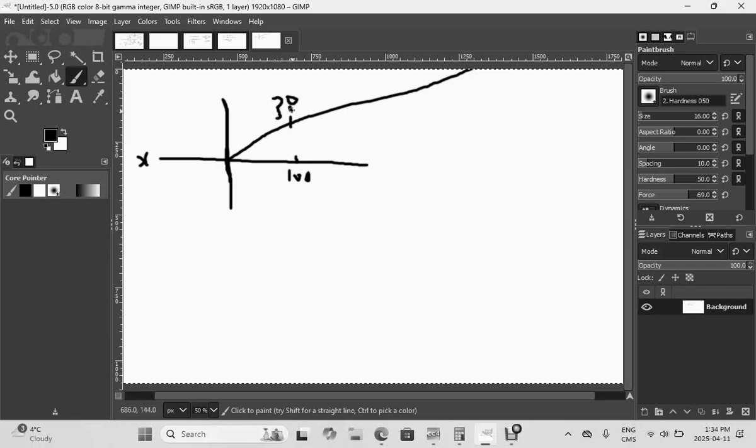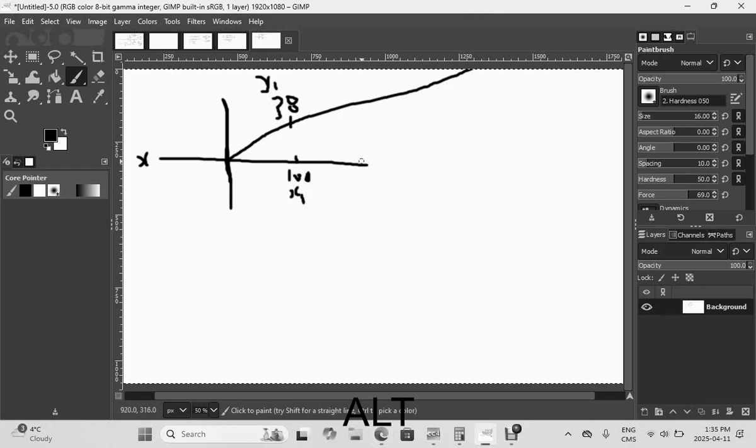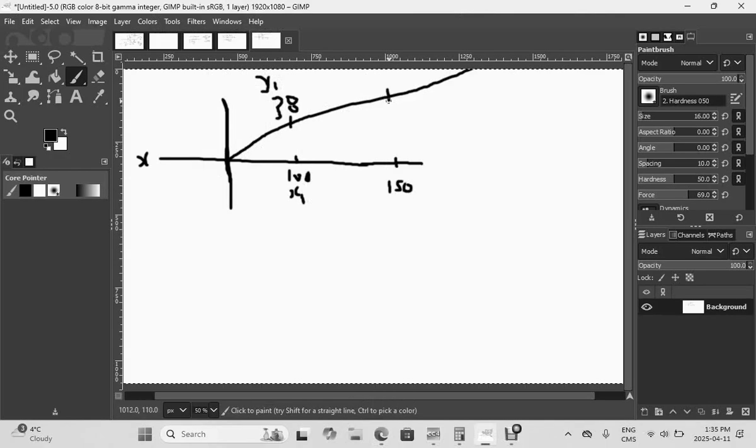This will be x1 and this will be y1. For 150 minutes of usage, this will be your x2, so 150, and this will be 45.50. So this is y2 and this is x2.